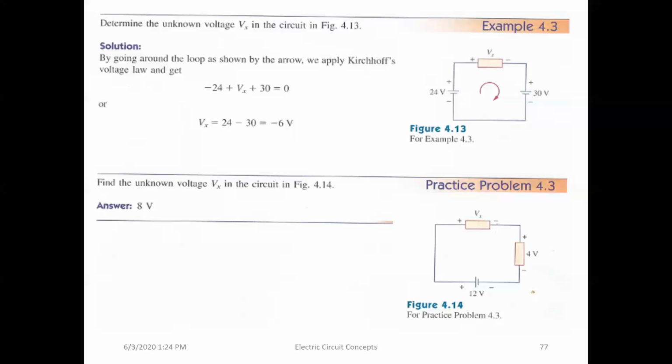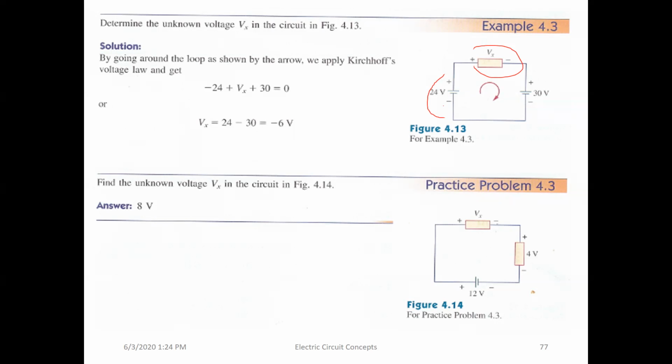Okay, example 4.3. Let's see what we have in this example. We are given this circuit and the polarities of the components. We have minus, plus for the 24 volt, and then plus, minus for Vs. And then we are also given the direction of the current.